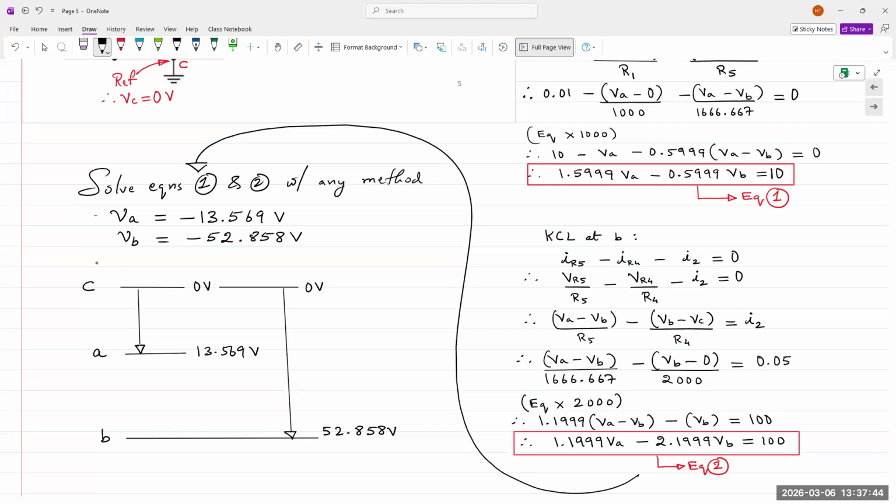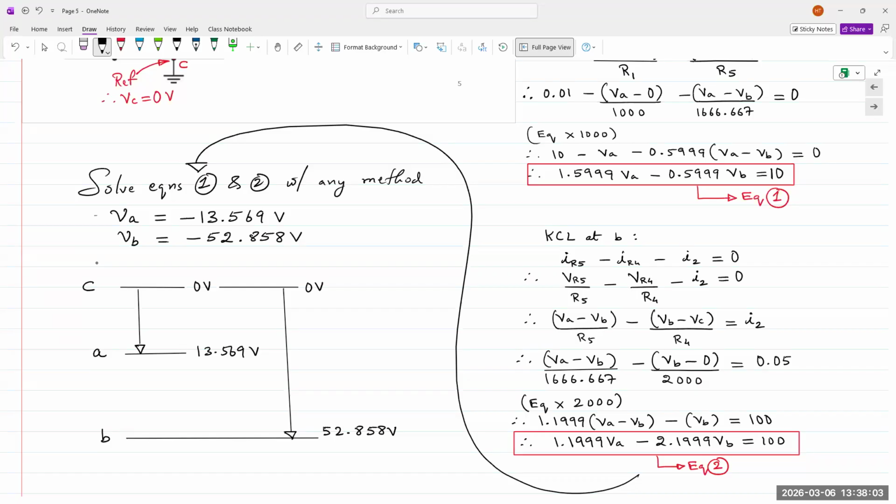Okay. If you chose, let's say, at the beginning of the analysis, 30% of the class chooses node C as the reference. The other 30% of the class chooses node A as the reference, and the rest, 40% of the class, chooses node B as the reference.